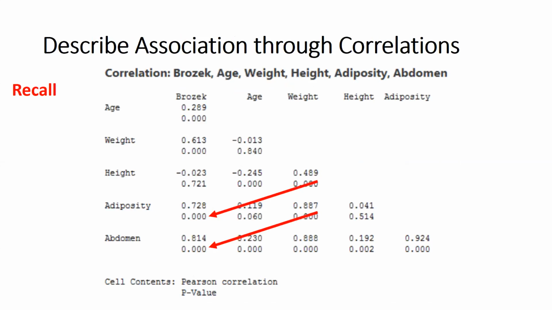So even though these correlations are all reported in one table, they actually represent different associations between Brozek and these independent variables. In fact, the whole table also shows associations between independent variables themselves. But obviously, we're interested in predicting Brozek body fat percentage, so the first column is a good place to look for that.